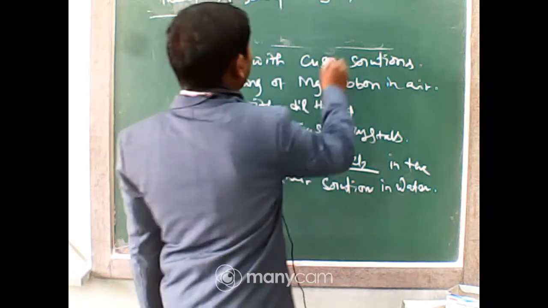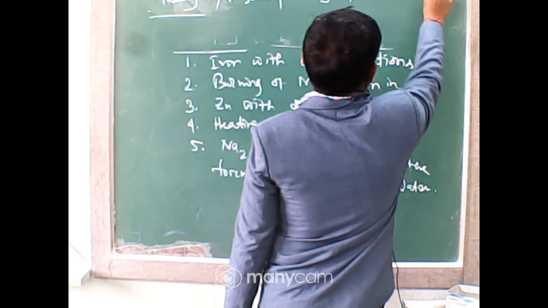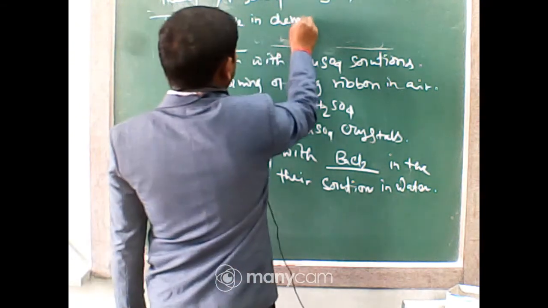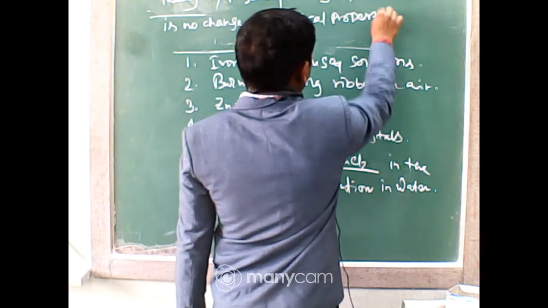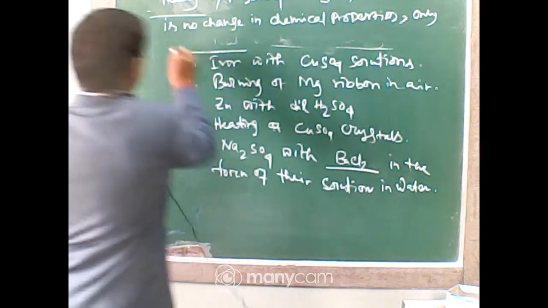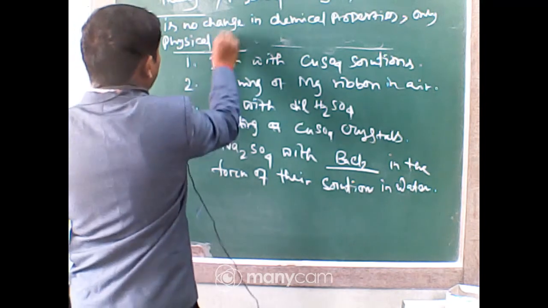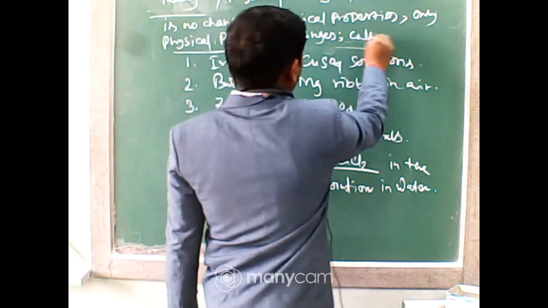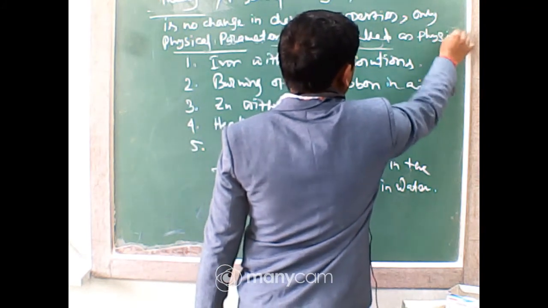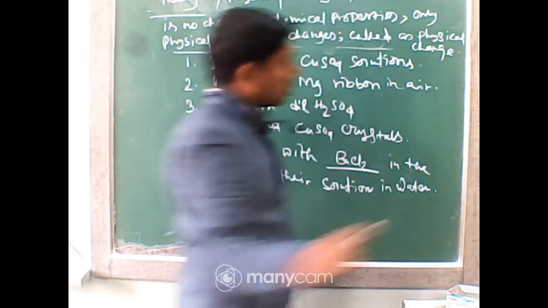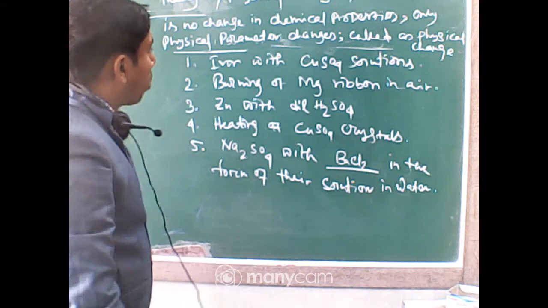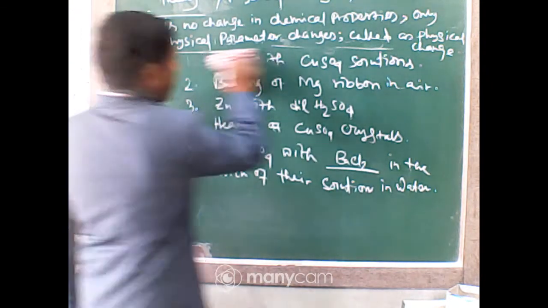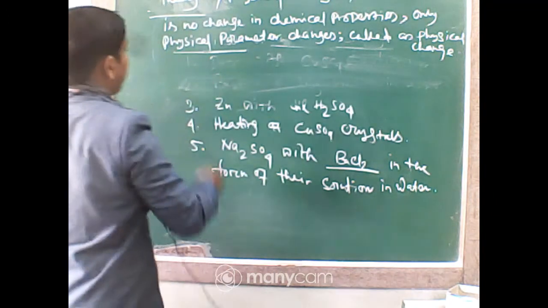When there is no change in chemical properties, only physical parameter changes, called as physical change. Okay. Next, obviously the definition of chemical change.